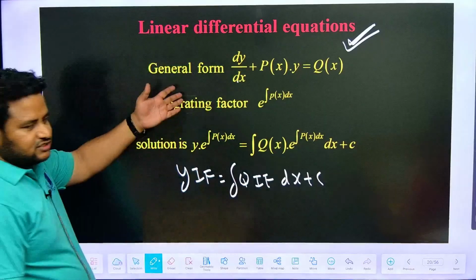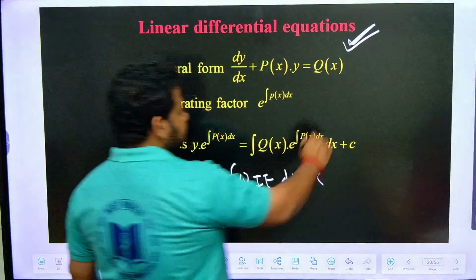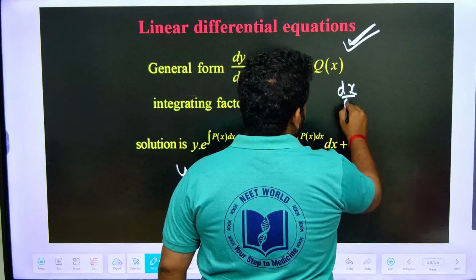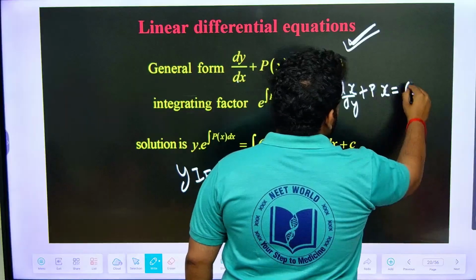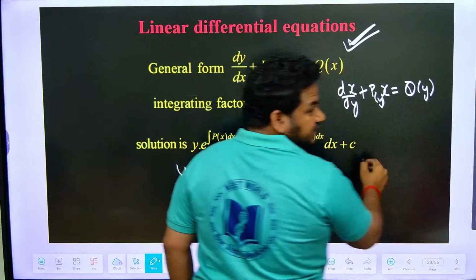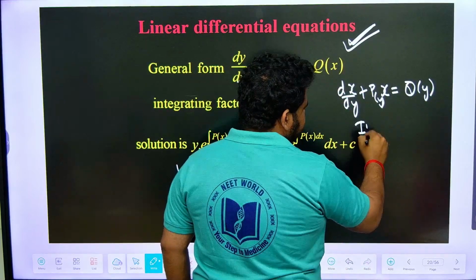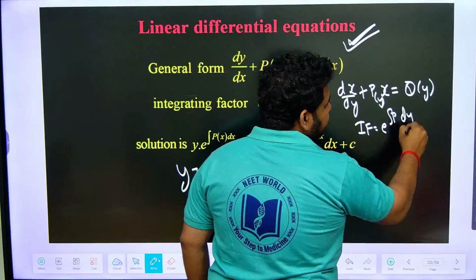Now there is the reverse form. Most of the cases they will give dy by dx only. But if they give dx by dy plus p of y times x is equal to q, where p is a function of y and q is a function of y, then the integrating factor will be e power integral of p dy.